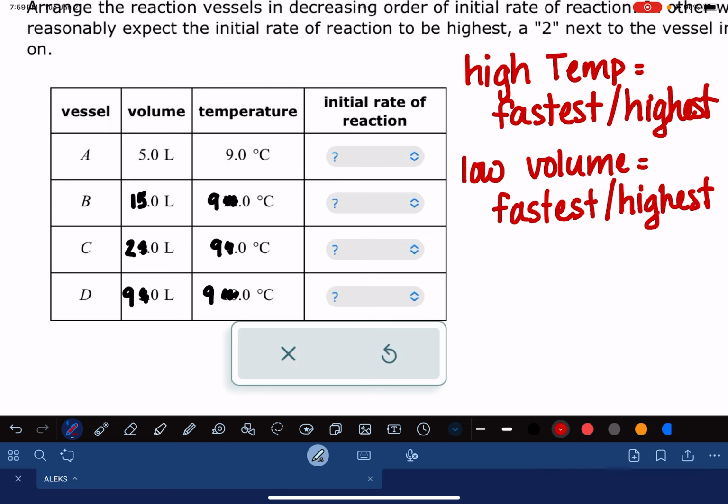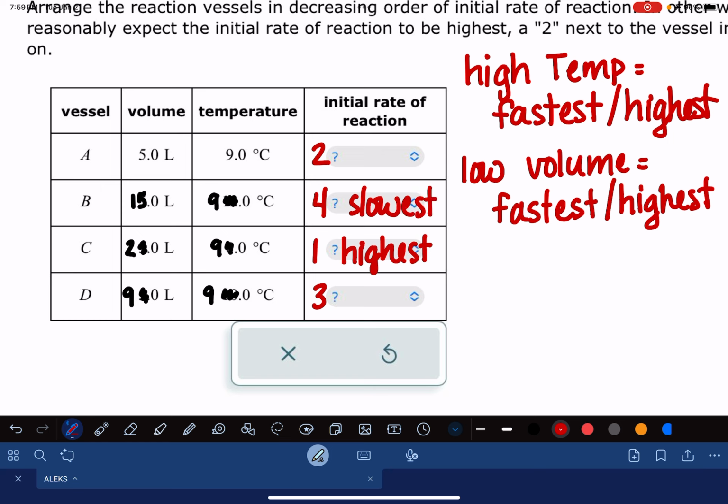Again, this is only if your temperature is constant the whole way down. So looking at these, our smallest volume is the one that is going to have the highest rate of reaction. And then as our volume gets larger, our rate will slow down. That's not too bad.